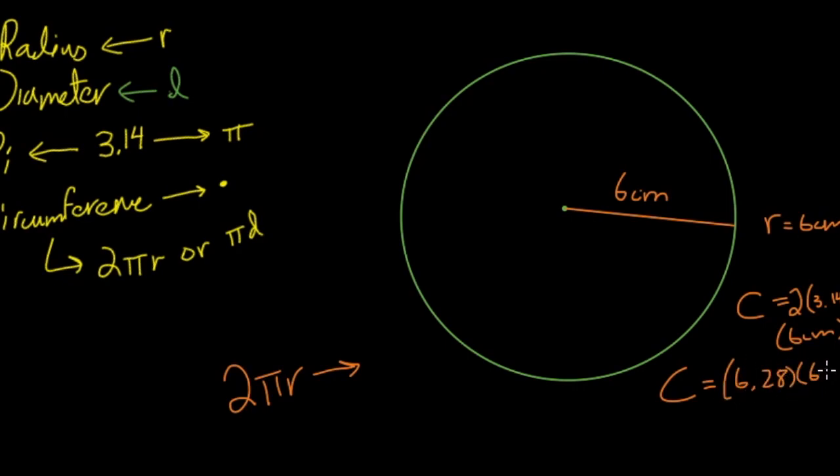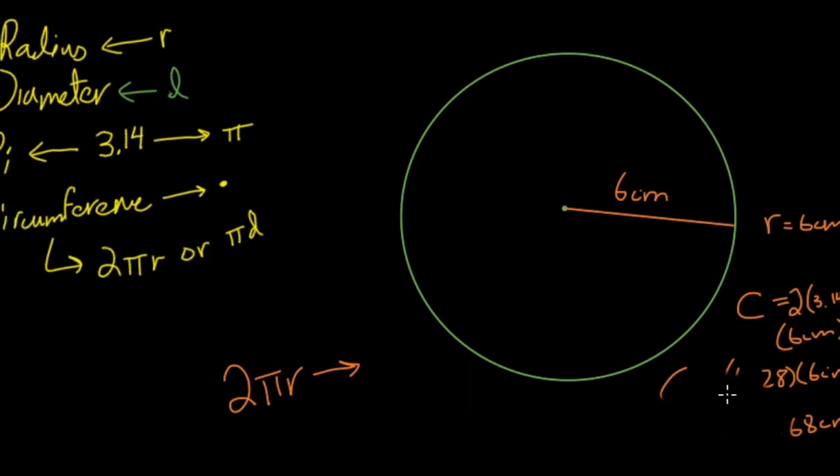Now I multiply it by the radius, times 6, and I get 37.68, and then I maintain the same unit of centimeters. So here, knowing only the radius, we were able to find the circumference.